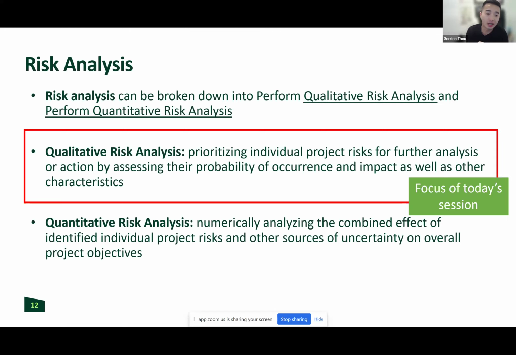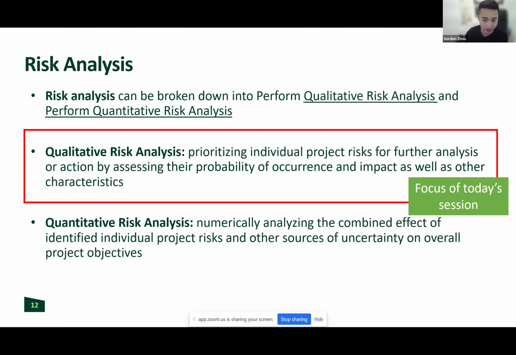Quantitative, on the other hand, uses numerical and statistical techniques, numbers and calculations, to generate, for individual risks, the uncertainty and its impact on the overall project objectives. Still looking at probability, still looking at impact, but using numerical and statistical methods to generate those results.